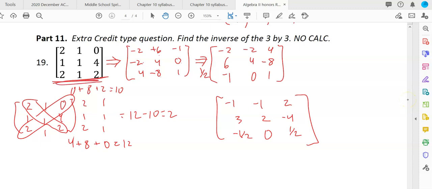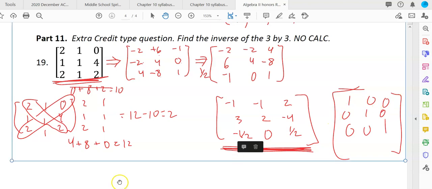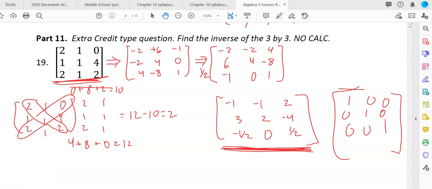Multiply this guy times this guy, and you get the identity matrix, which should have all those diagonally, and zeros for all of these guys. So if you get the identity matrix when you multiply this one times this, you know you did it right, and I did do it right there. So practice that. You get to get that 10 points.